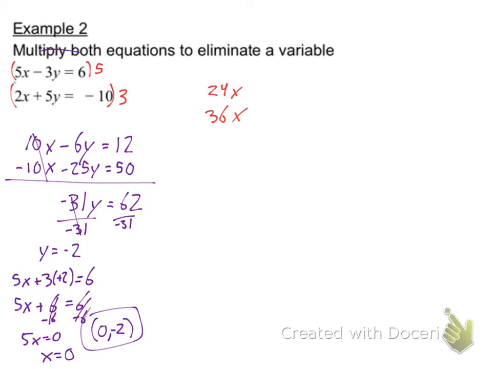How do I cancel those? Do you guys really want to do this? Take this equation and multiply it by 36. Take this one and multiply by negative 24. That's a pretty big number, isn't it? You could use a calculator, that's fine, but that's a really big number, right? There's got to be a better way.